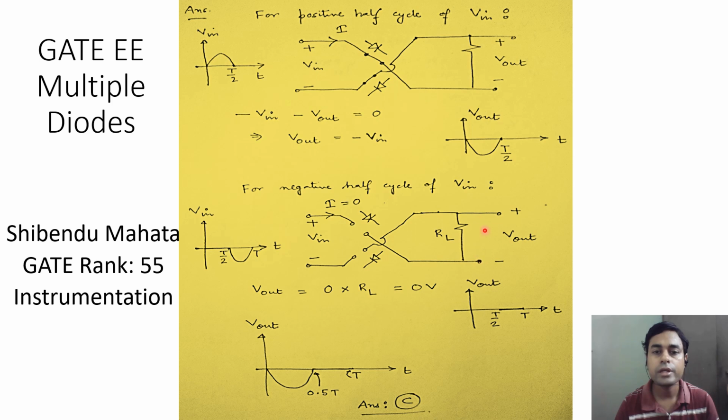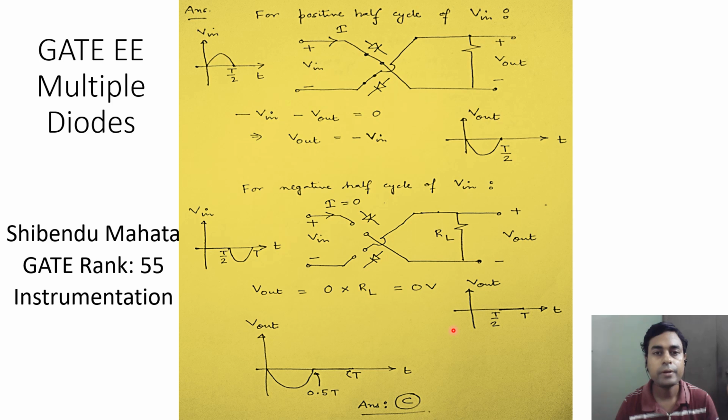And the output voltage, if we write it as current times resistance RL, then the current is equal to 0 amperes, and therefore the output voltage turns out to be 0 volt. So for the negative half cycle of the input waveform, the output voltage is equal to 0.